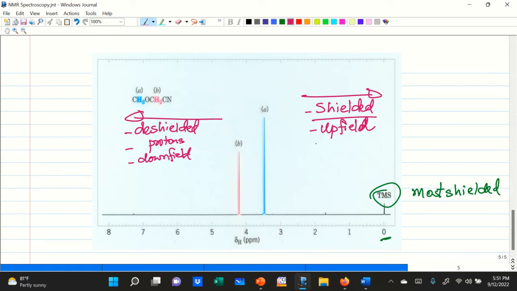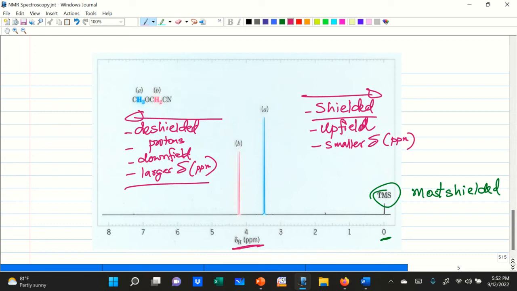So we can also say the shielded protons absorb upfield where the delta value, the ppm value, ppm is the unit, the scale is called delta, your delta value is smaller in ppm, and downfield direction would correspond to larger delta in ppm. So these are some salient features that go with it.